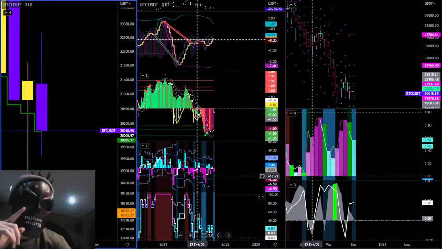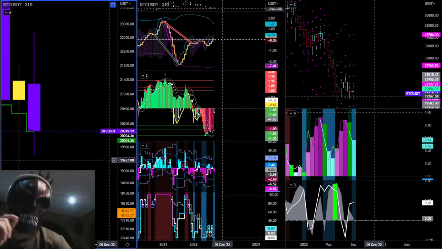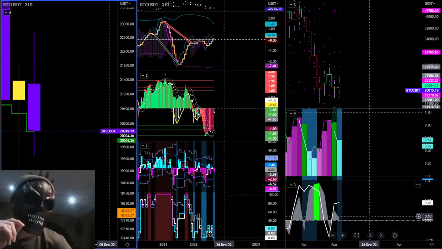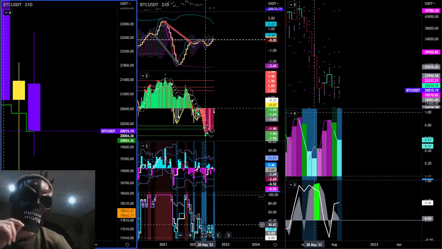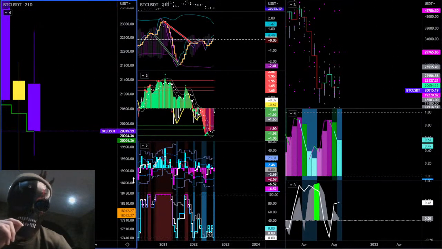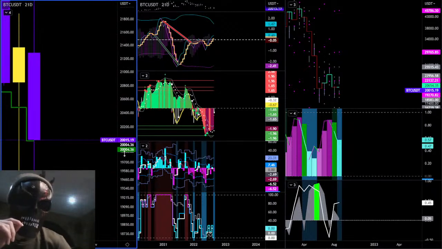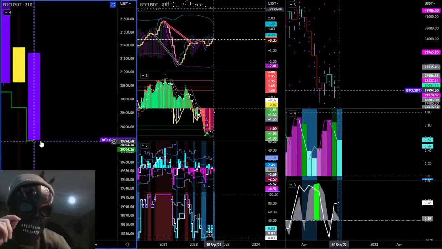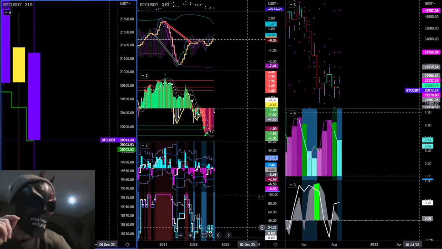If blue flash doesn't print on the next 21 day print, then you'll have continuation to the upside. So that's 4 indicators, and this only happens if you close above currently $20,004.36. So this JMA moves ever so slightly that you see here.